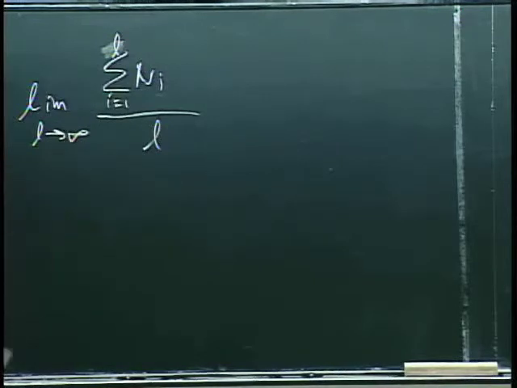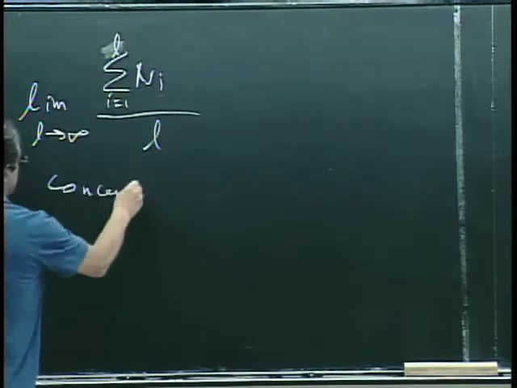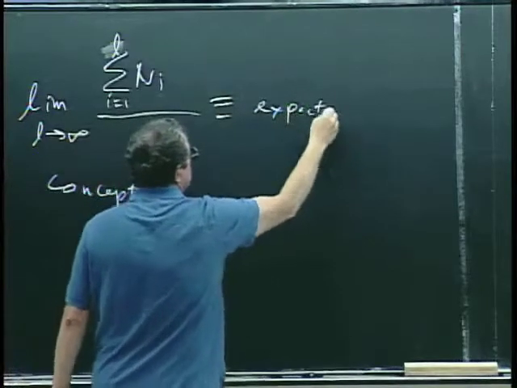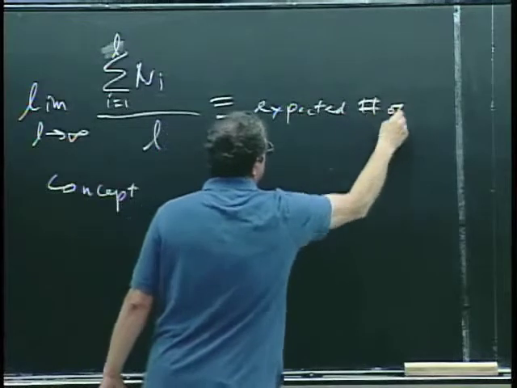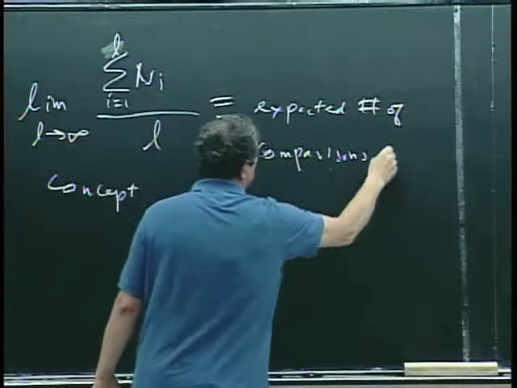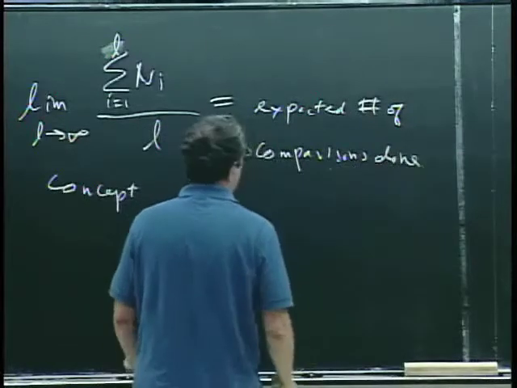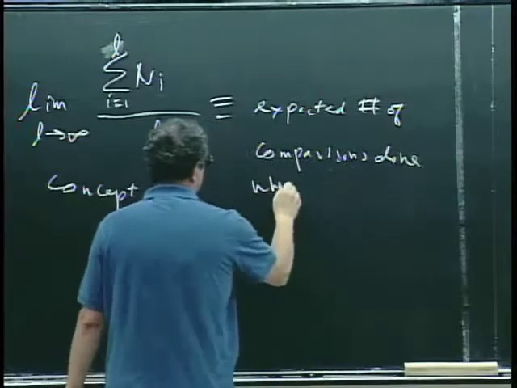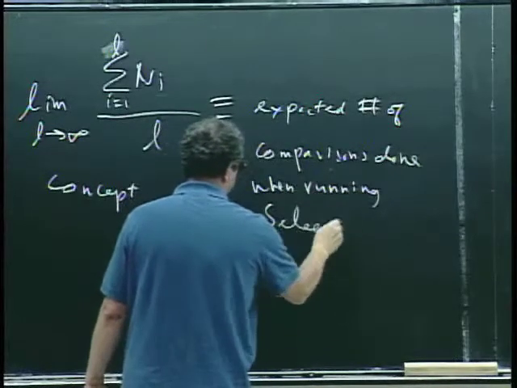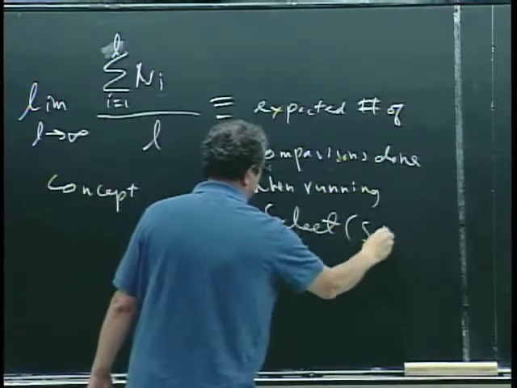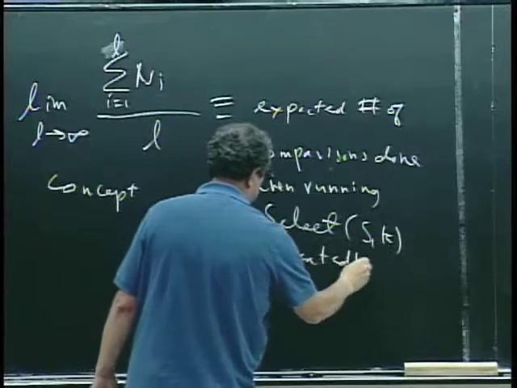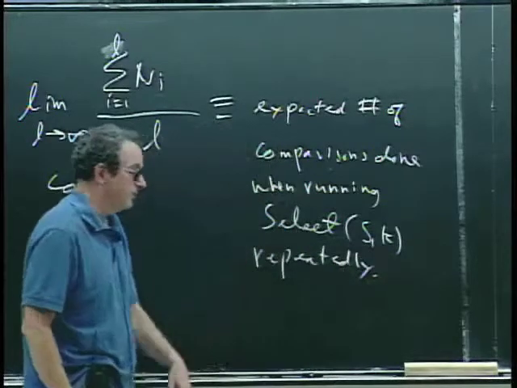And this concept is what's called the expected number of comparisons done when running select sk repeatedly, or an infinite number of times.